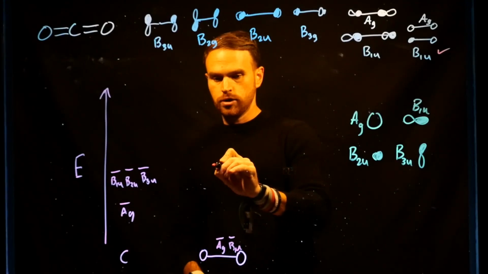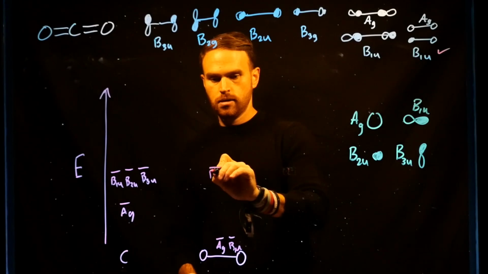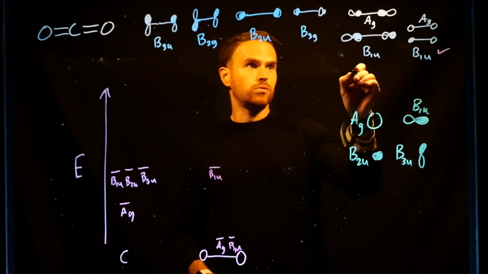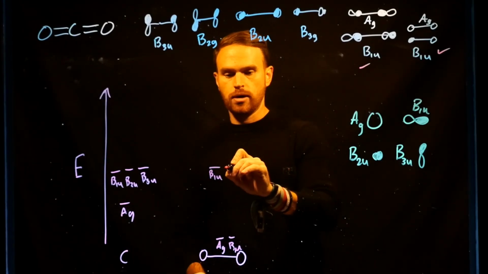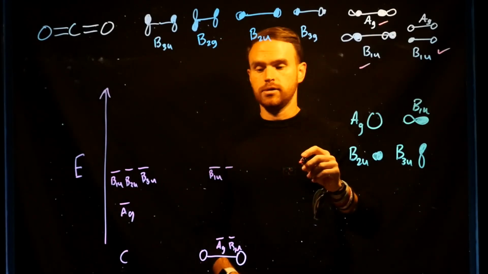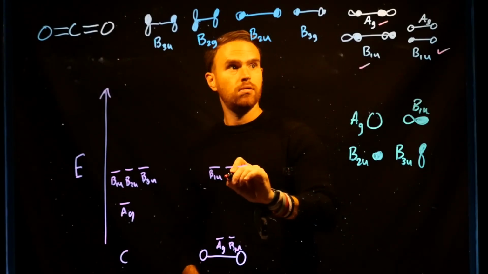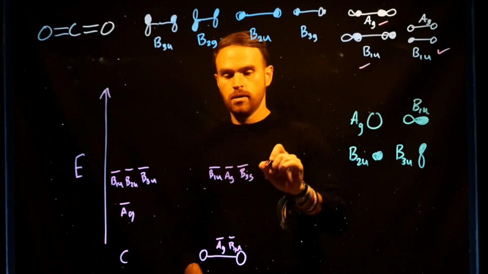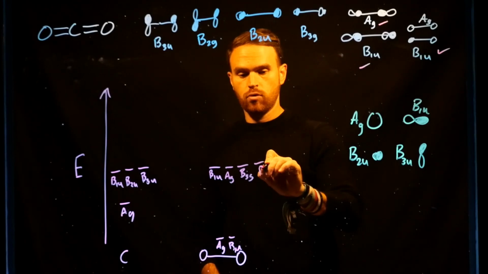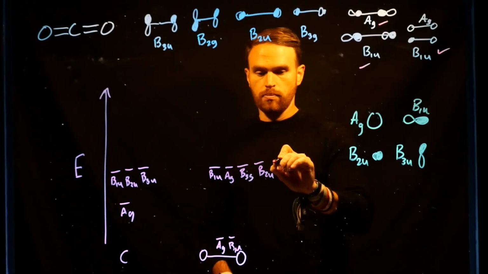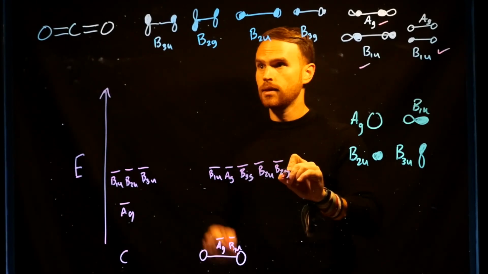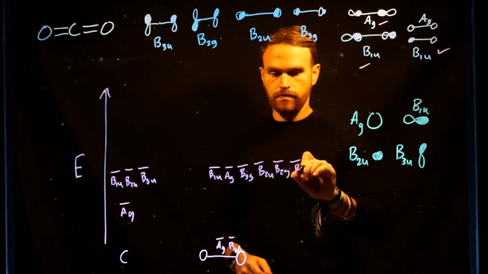Our next B1u is going to be this one here. We know also that we have the Ag orbital. That is right there. We have our B3g orbital. We have our B2u orbital, our B2g, and our B3u.